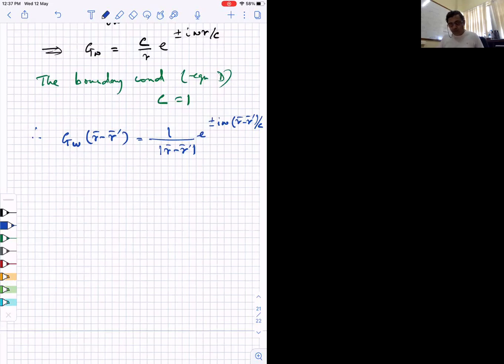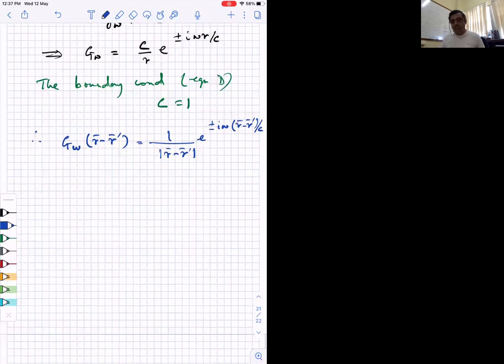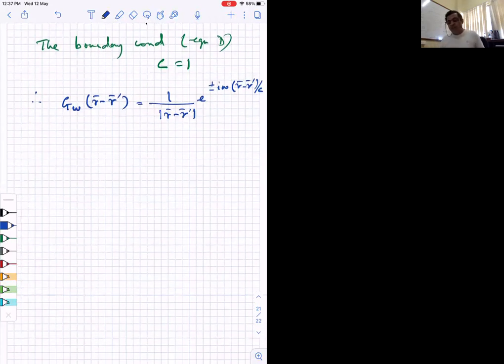So once we know the radial part, or the r dependence of the Green's function, we can write down the full Green's function. The full Green's function was an integral of this over the exponential in t, right? So therefore, now I can write down my G of r minus r prime, t minus t prime.